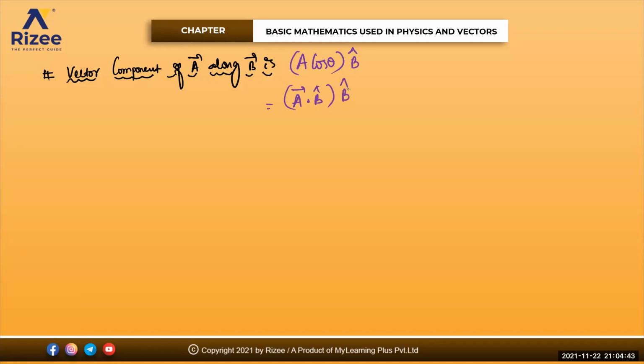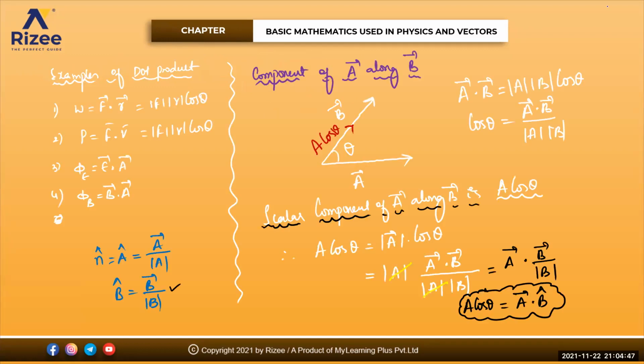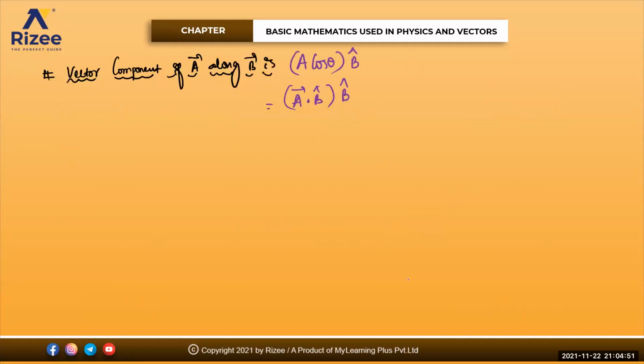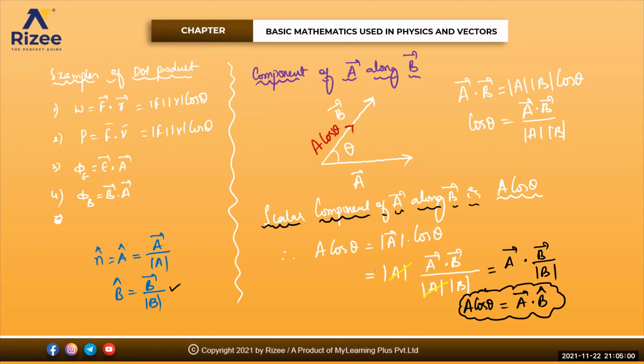That is the reason. So previous slide, yes, better see here. A cos theta is A bar dot B cap. So vector component of A bar along B bar means A cos theta in the direction of B cap. So it is A bar dot B cap into B cap. That is the answer. Just see it once again. Any doubt to anyone?